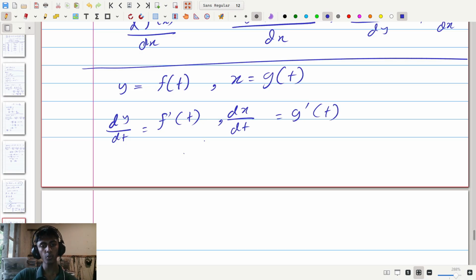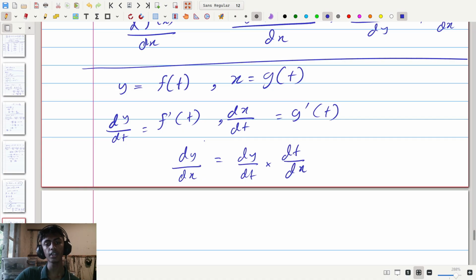And then we use the chain rule to write that dy by dx, the derivative of y with respect to x, is equal to dy by dt times dt by dx. These two functions can be found from this expression over here. Dy by dt is f prime of t, and dt by dx is 1 over dx by dt, as in 1 over g prime of t. So this is going to be equal to f prime of t divided by g prime of t.